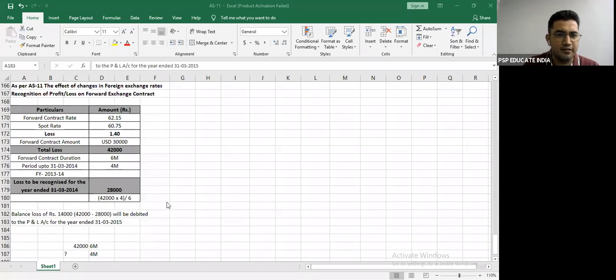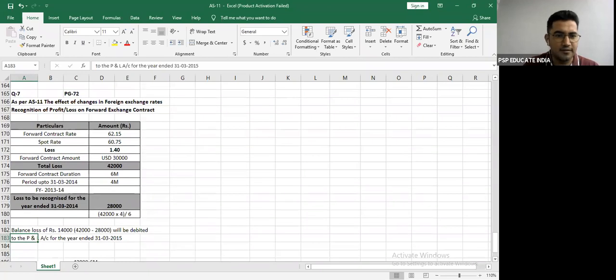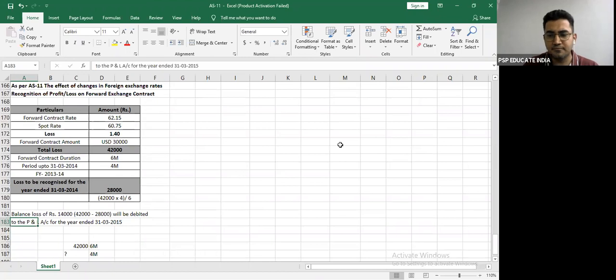If you're thoroughly clear with this, if you have no doubts, please take this down properly. Do prepare proper formats. If you have any doubts, please ask me.